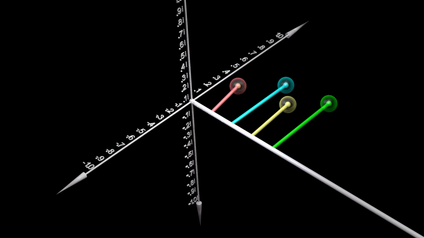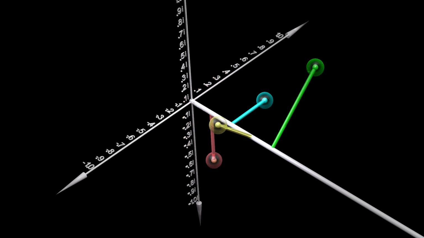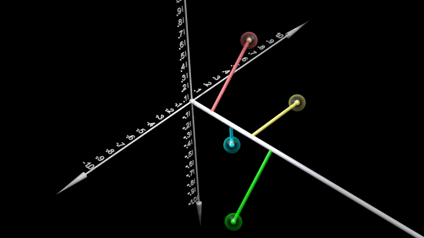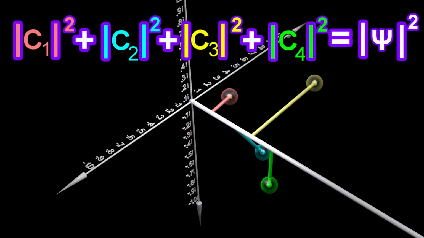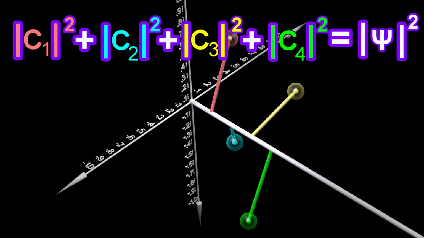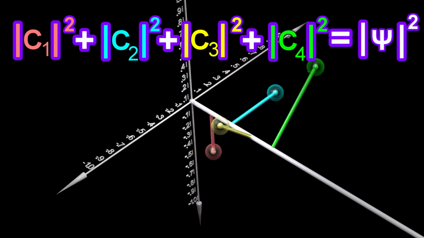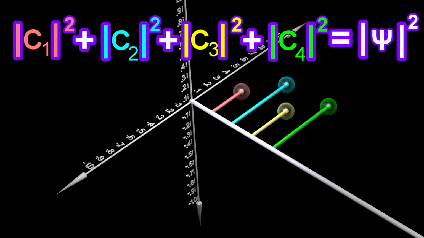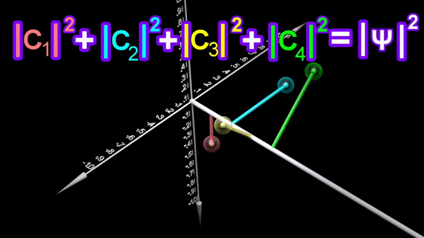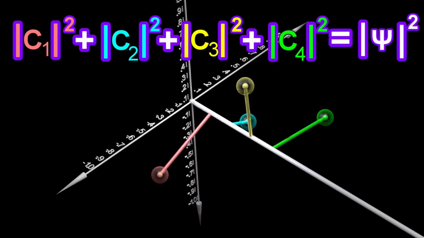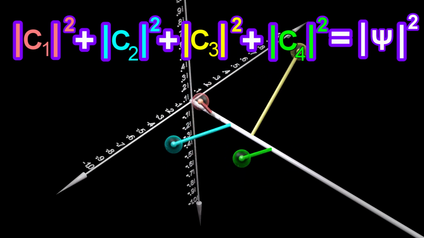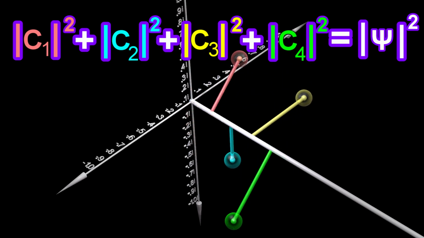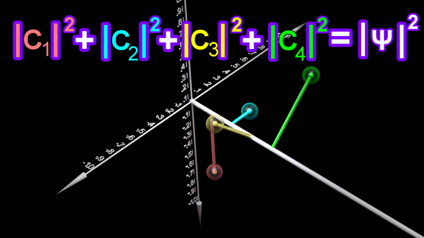The sums of the squares of the lengths of these four lines must be equal to the square of the length of the total vector. We can mathematically represent this equation in matrix form as follows.